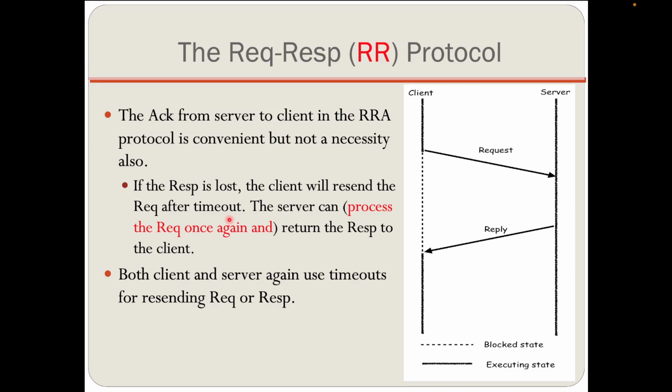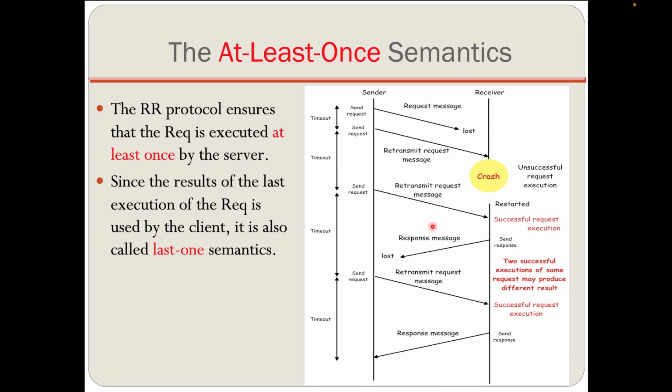So you can see that multiple requests may be executed by the server, but only the last response will take effect. The other requests become irrelevant. So sometimes this at-least-once semantic is also called last-one semantic. That means the last execution or last response is the effective one.